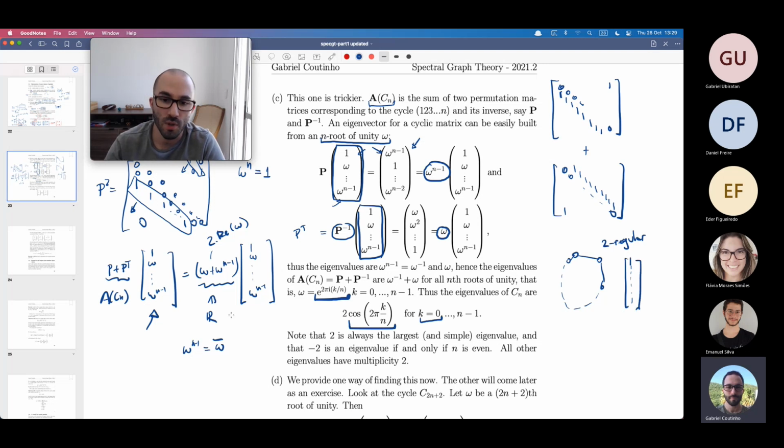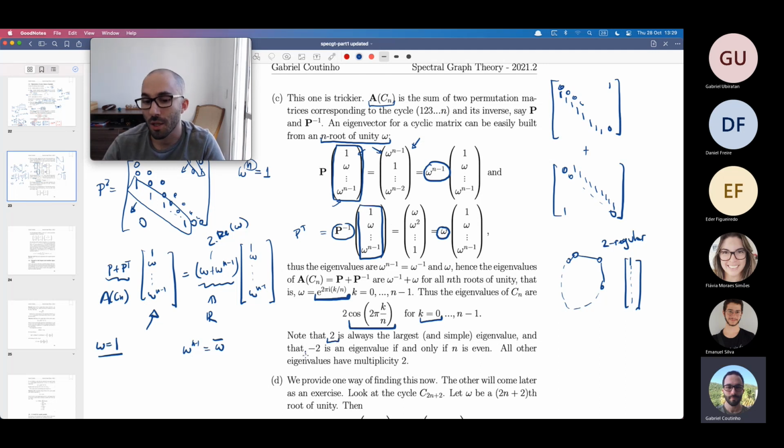It corresponds precisely to the situation where omega is equal to 1. 1 is a root of unity. 1 raised to the power of n is equal to 1 for all n. So indeed we find 2 as the largest eigenvalue corresponding to the all ones vector.